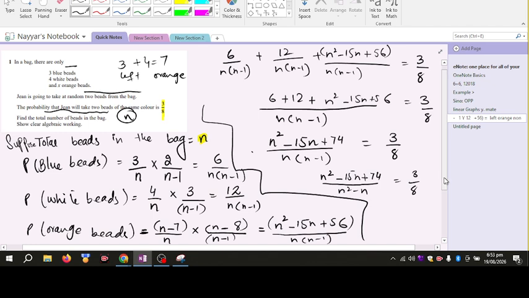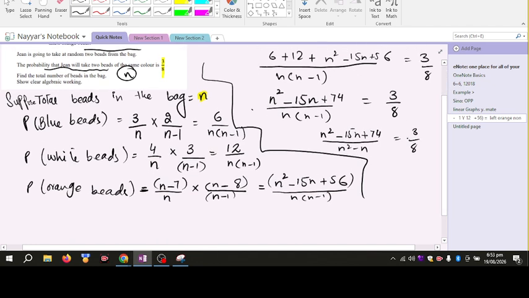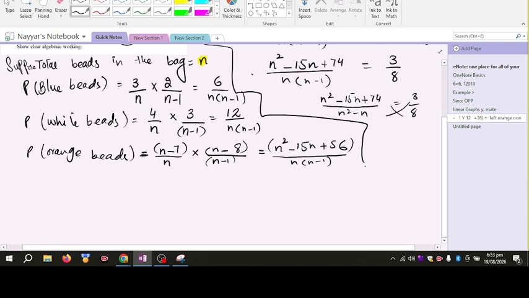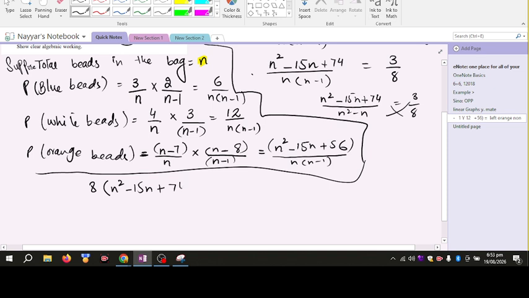Now we have two fractions on both sides, so we can cross multiply them. In cross multiplication, we are going to multiply 8 with n square minus 15n plus 74, and 3 with n square minus n.